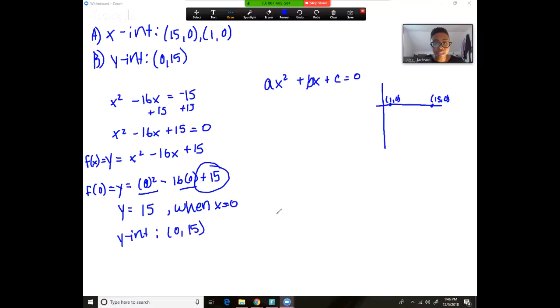So whenever you have a quadratic equation and you're trying to find the y-intercept, it's always going to be that constant. But I had to show you the correct way to do it so that you can see how it works. All right, that's the second step.